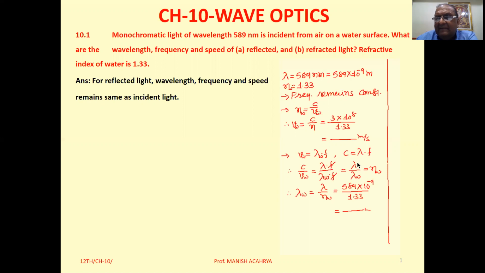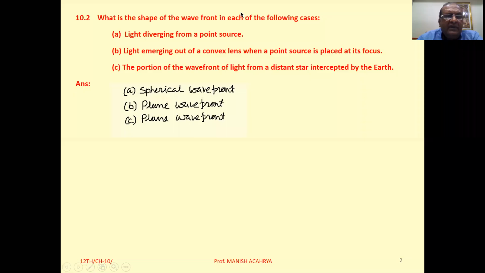So lambda upon lambda water is N water. So lambda water is equal to lambda upon N water. Lambda is given to you, 589 into 10 raised to minus 9 upon N water, that is 1.33. Solve it, you will get the answer. Clear to all of you?